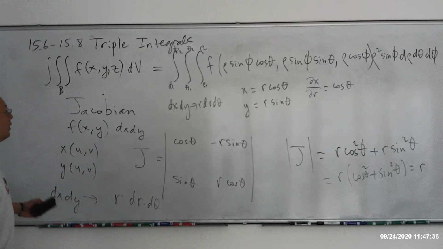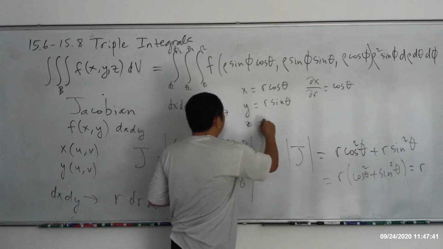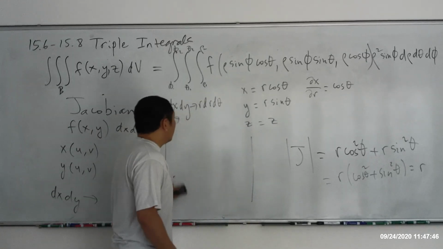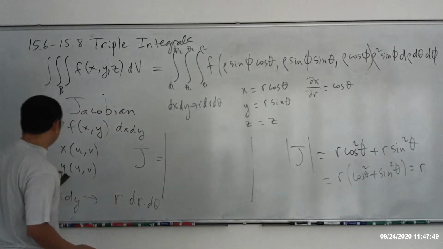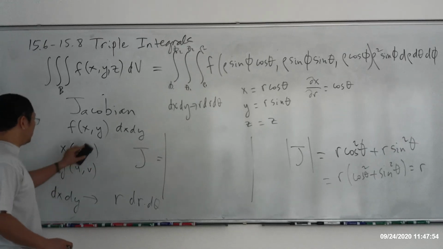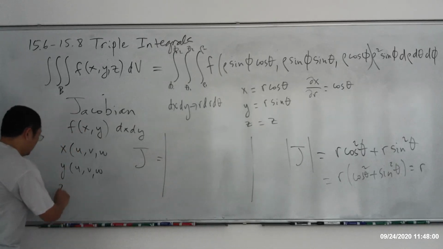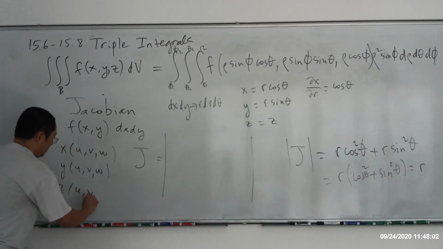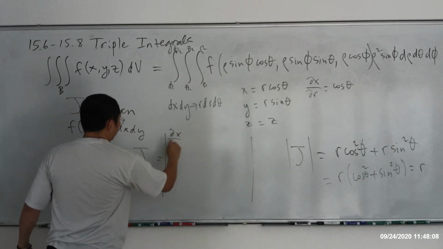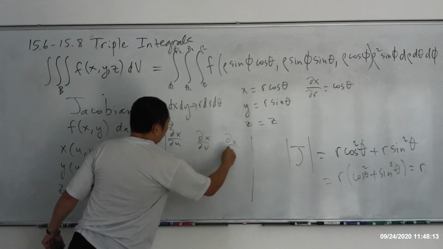Similarly, you can try this for three variables as you have before. If I have x is that, y is that, and z is just z, what can you do? The Jacobian is going to be for three variables, so x becomes a function of u, v, w, y a function of u, v, w, and z a function of u, v, w. The Jacobian is now a 3x3 matrix. This is dx over du, dx over dv, dx over dw.